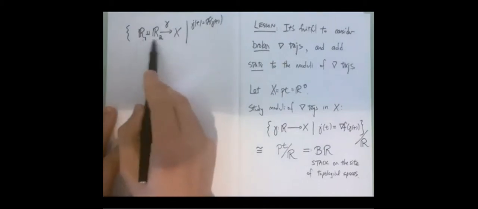But if I'm going to write a gradient trajectory that's broken, I'd like the endpoints of gamma to agree whether I'm in the first component or the second component.